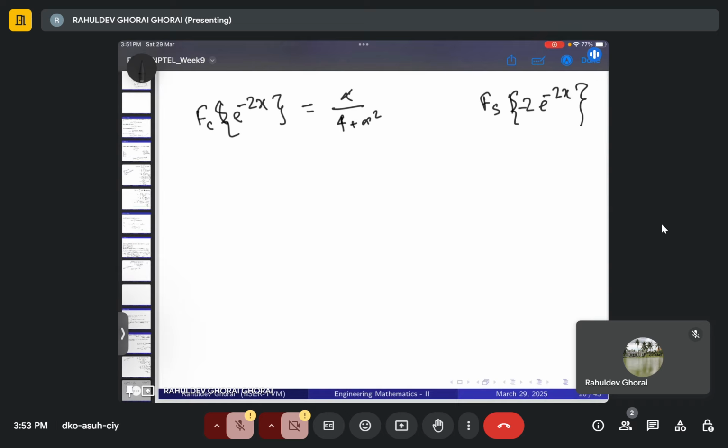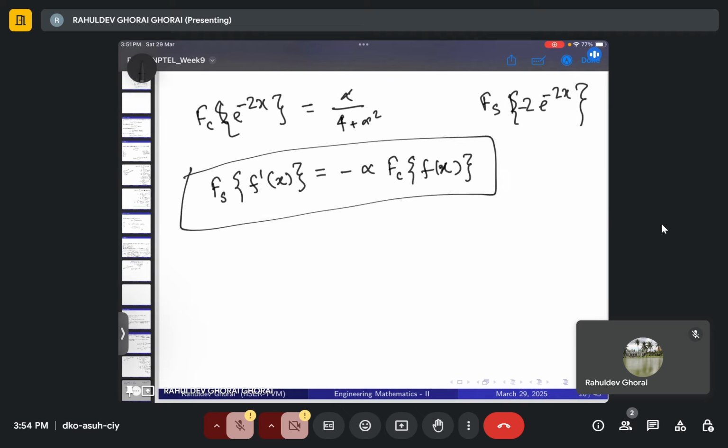So now you have to remember that Fs of the derivative of a function, f prime of x, will be minus alpha times Fc of f(x). This is very important to remember.